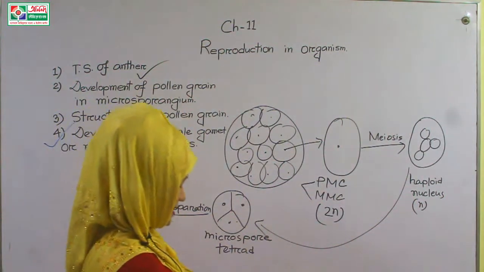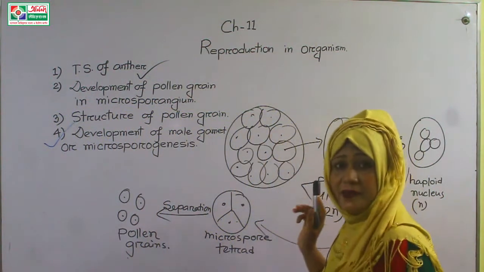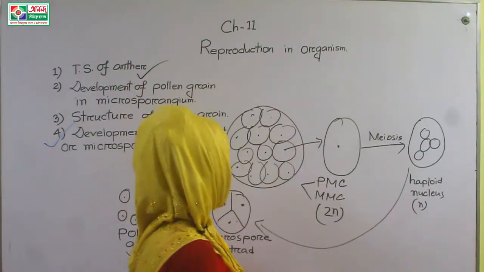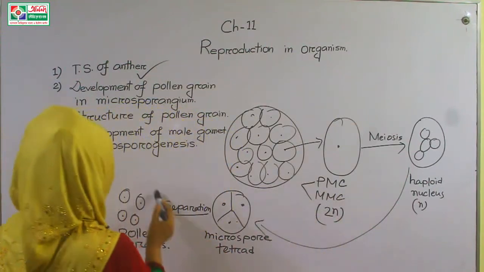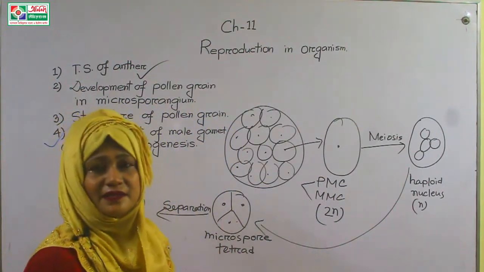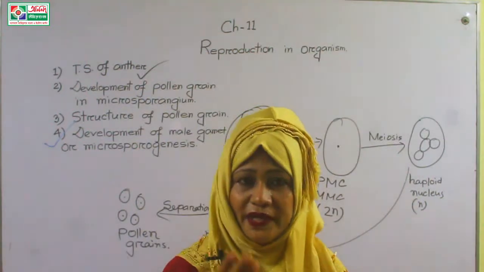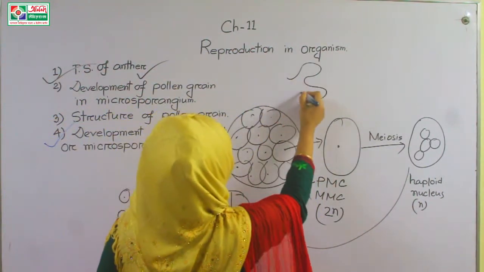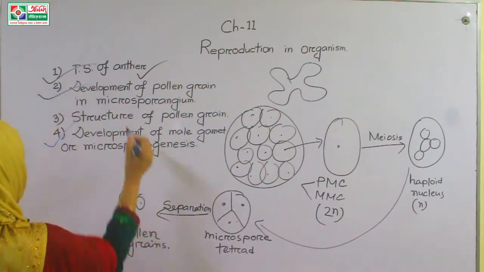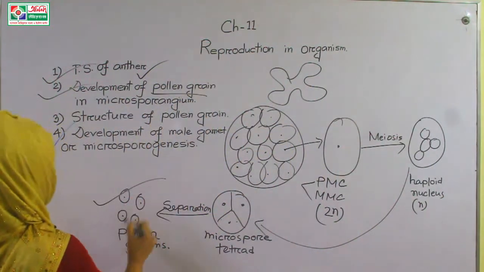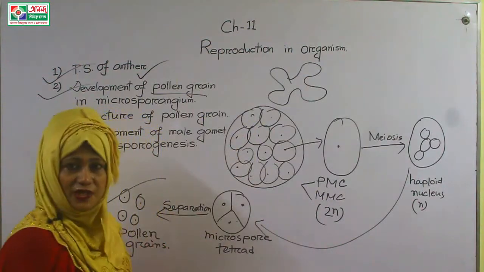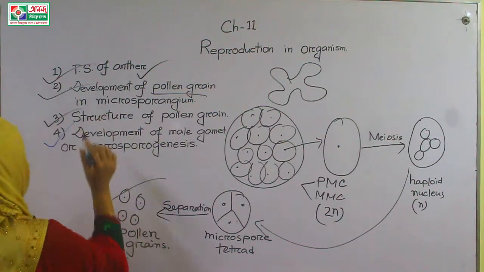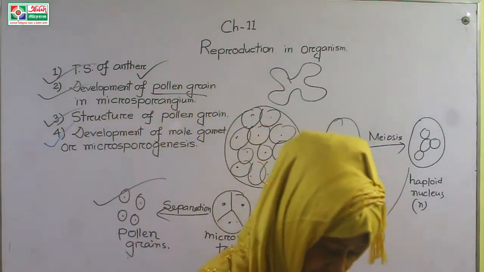So we can say that from 1 PMC, or from 1 microspore mother cell, we are getting 4 pollen grains. So I have finished TS of anther. It was TS of anther and development of pollen grain in the microsporangium. Clear, students?